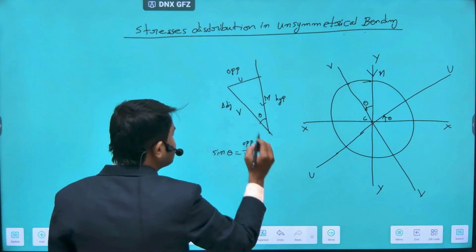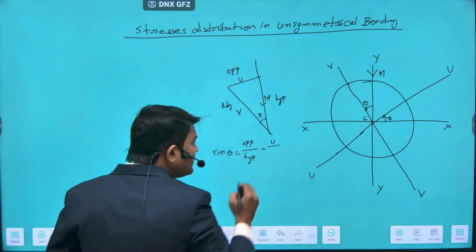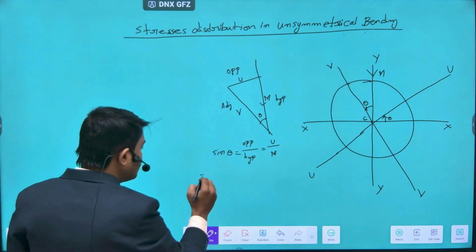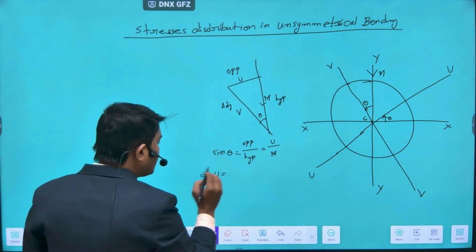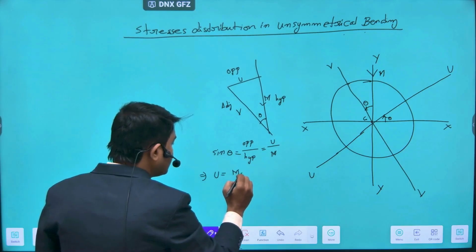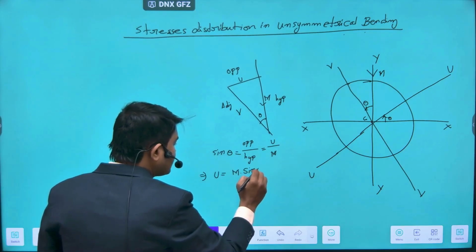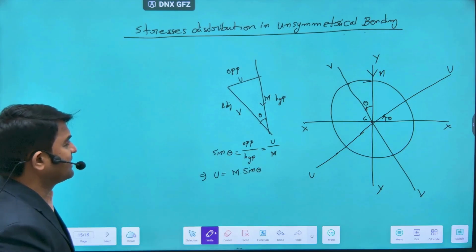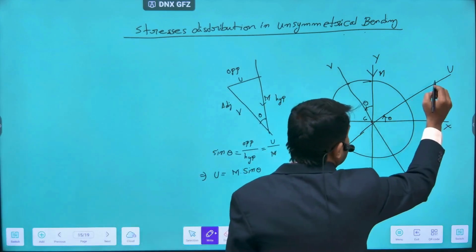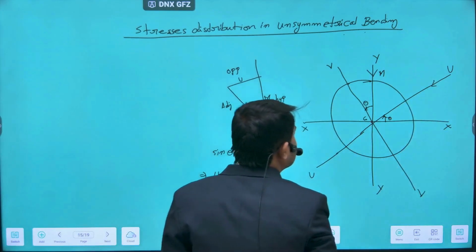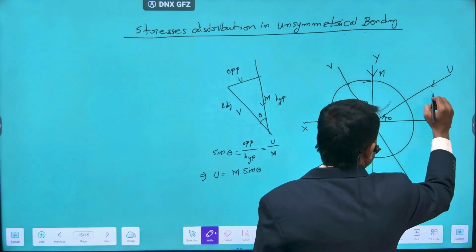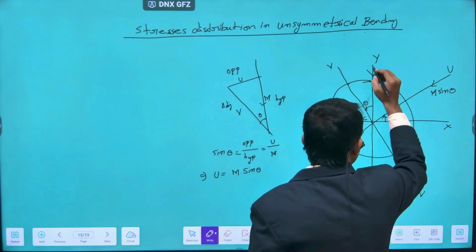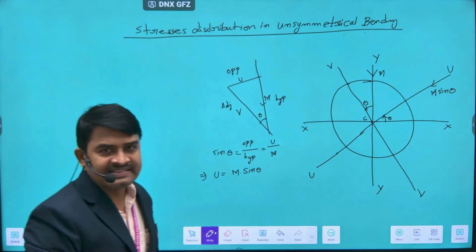Here the opposite side is the component U and the hypotenuse is M. So what is U? The component U is nothing but M sin theta. So along the principal axis UU, the stress component is M sin theta, due to the moment M acting along the axis YY.